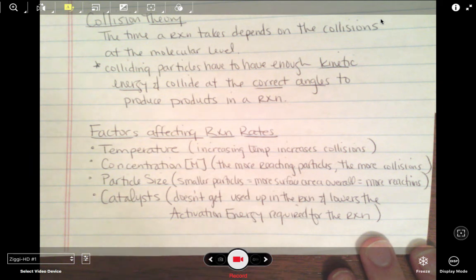Lastly, catalysts. Catalysts are really cool because they don't actually get used up in the reaction. They just help the reaction to proceed, but are left over at the end of the reaction, and they lower the activation energy required for the reaction to occur, therefore removing the obstacle or the boundary of the reaction.